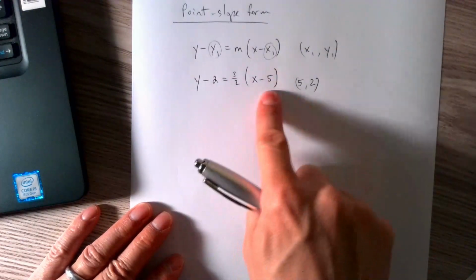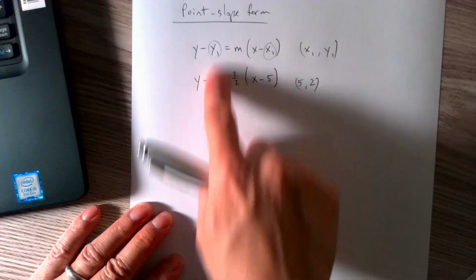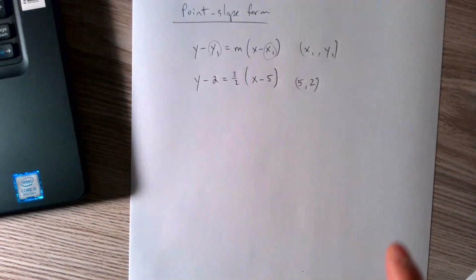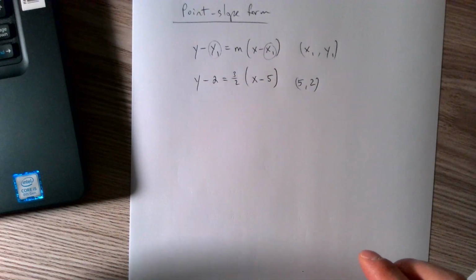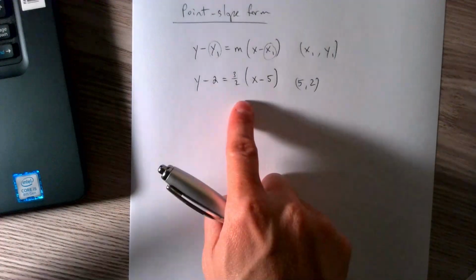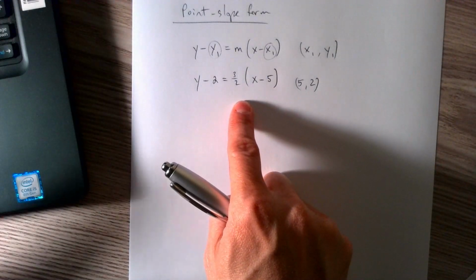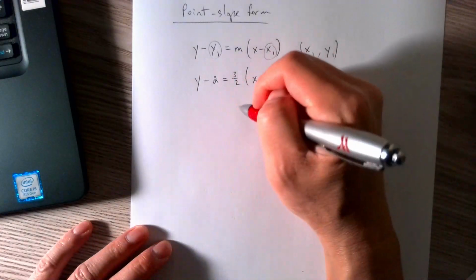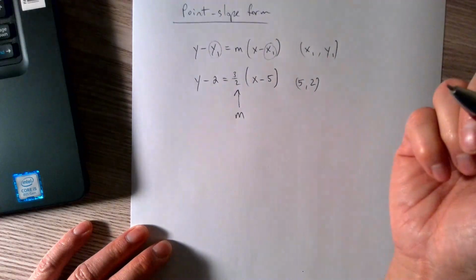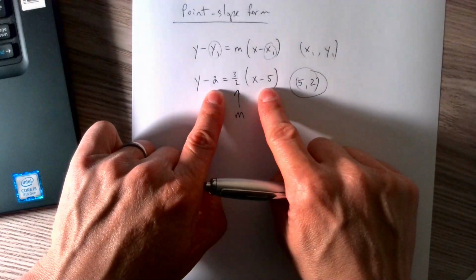I know that because 5 is in the place of x1 and 2 is in the place of y1. So I have more information staring at me in point slope form than I did at standard. In standard I knew nothing. I didn't know anything until I calculated something. But here I have the slope staring at me, and I have this point staring at me right there.